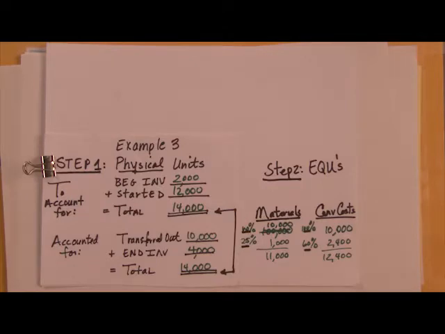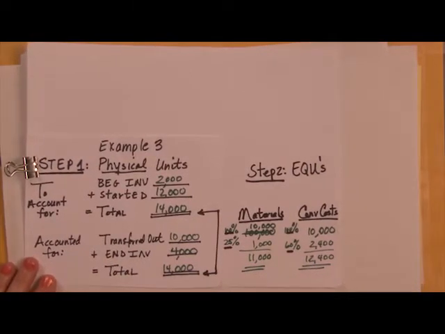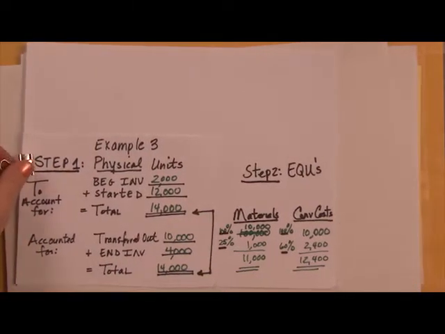We are letting the 2 periods converge, and this is the approach taken through the weighted average method. So when we later learn to do FIFO, we'll have to pick up on that information about beginning inventory, but it is not applicable when we're using the weighted average method. So we have our EQUs now for both materials and conversion cost.